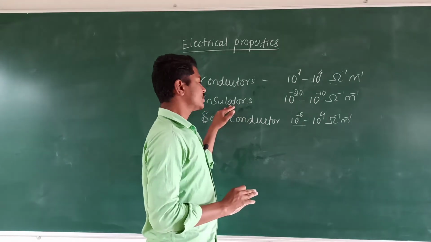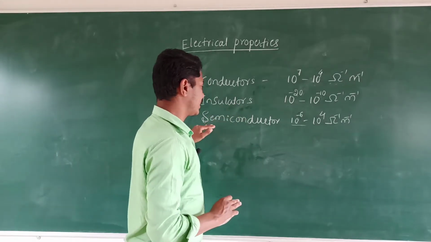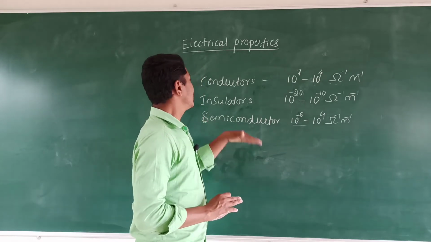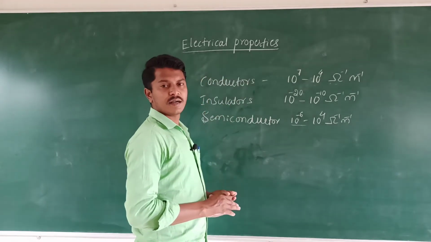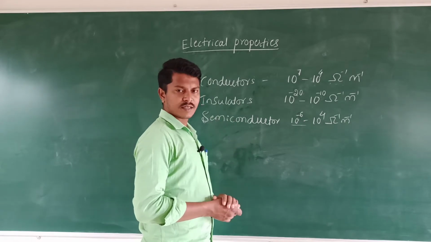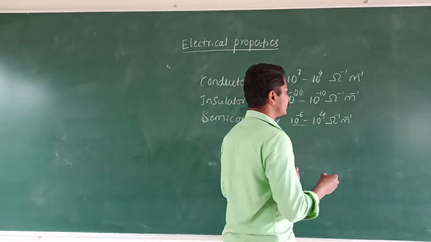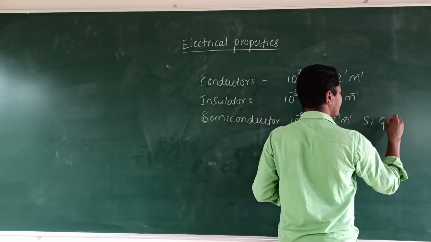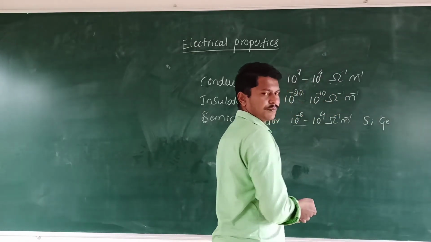But semiconductors means the conductivity lies between insulators and conductors. For example, silicon, germanium, etc.